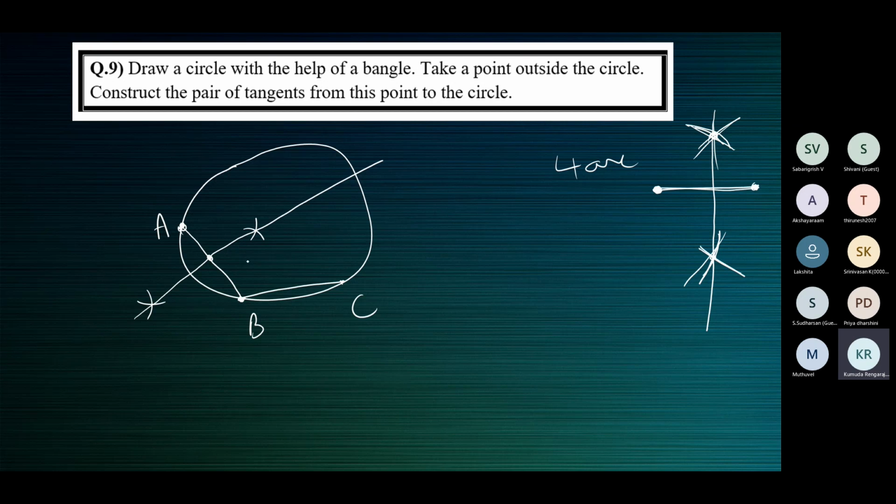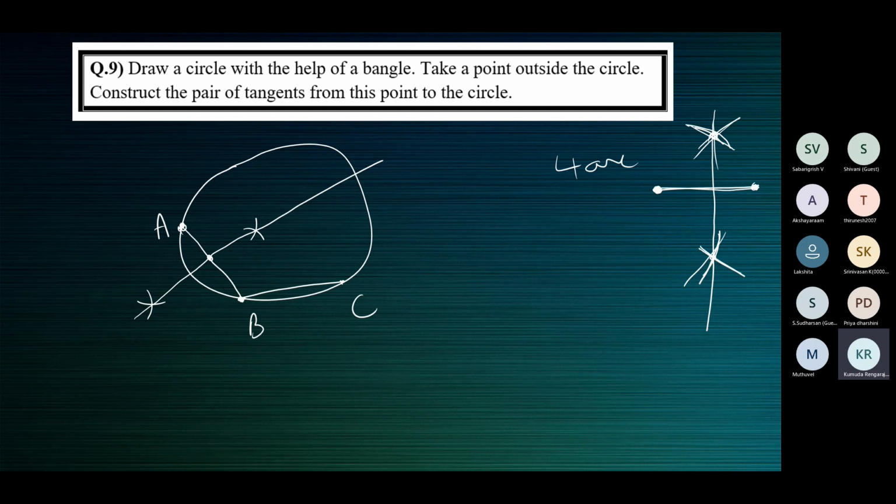If you take a very small radius, the arcs will not meet, so you must take sufficient radius so that the arcs intersect. In lower classes, you would have heard the teacher say taking a radius more than half of AB. Like that we construct the perpendicular bisector of the chord AB.